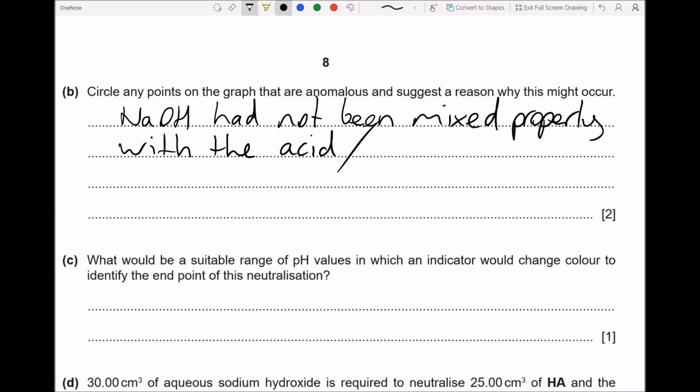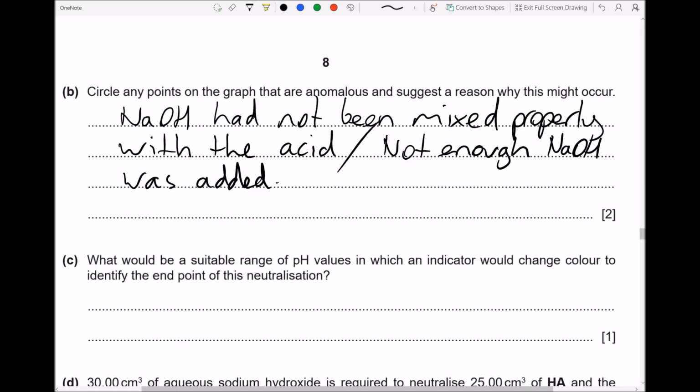Or you could say that not enough sodium hydroxide was added, or anything like that. So there you go. Right, so we get 2 marks for that. You get 1 for this bit, and then 1 for identifying your anomalous result as well. So let's just put the 2 there.